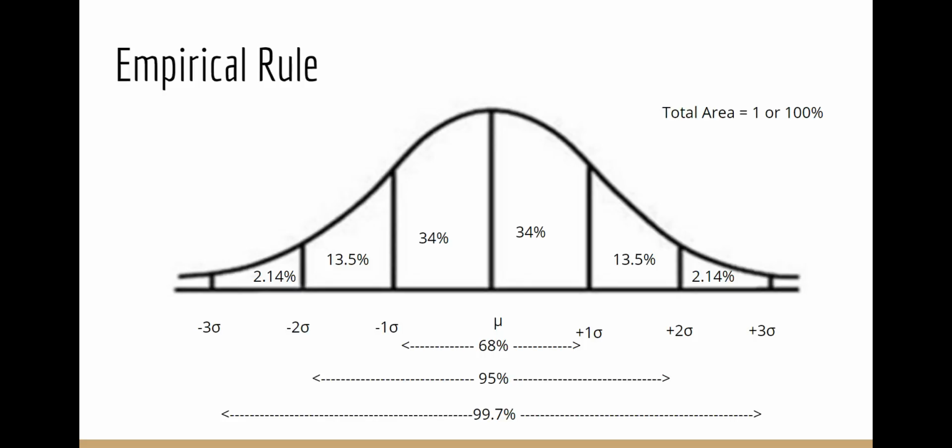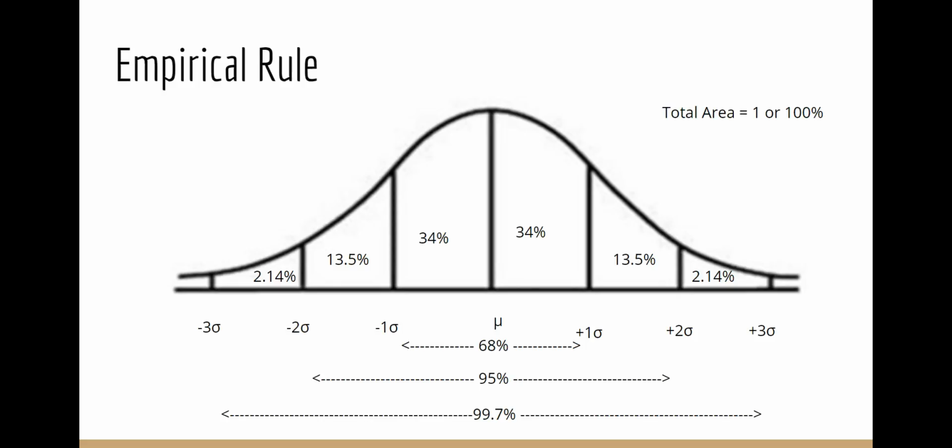Then we're going to get smaller. So the distance between 2 standard deviations above the mean and 3 standard deviations above the mean is 2.14%. Same thing with the distance between 2 standard deviations below and 3 standard deviations below the mean, 2.14%. That basically means it's a very rare occurrence of something that's going to happen.